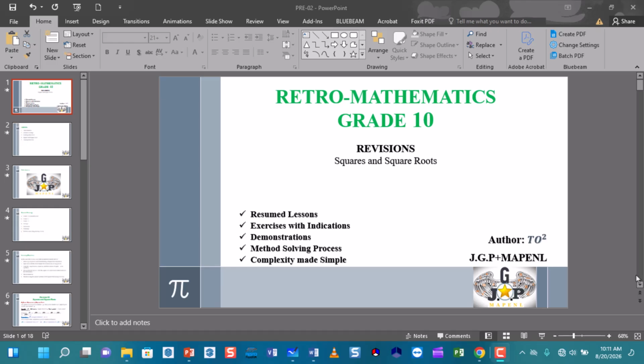So, we'll be starting with a new adventure here, a new lesson. We'll be going through the squares and the square roots. If you go back to the previous chapters that we have covered already, you see a lot of fantastic things, calculations that we have done, and the lessons that we went through, and I definitely hope you grasped each and every step that we had to go through.